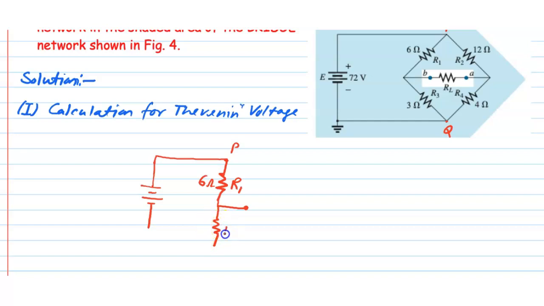This is R3, that is 3 ohm, and another resistance, also at P, is R2, that is 12 ohm.